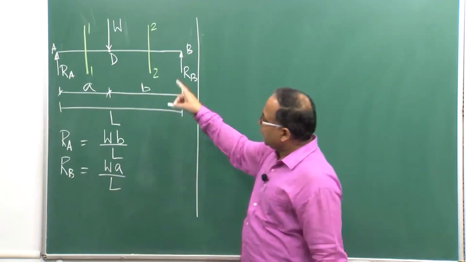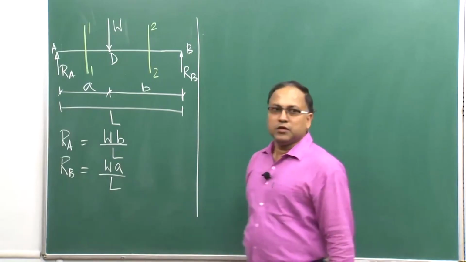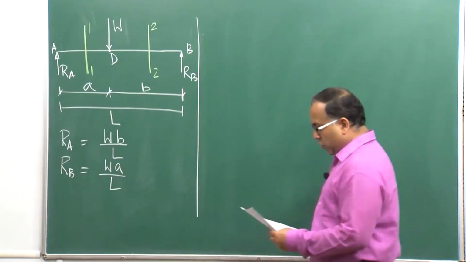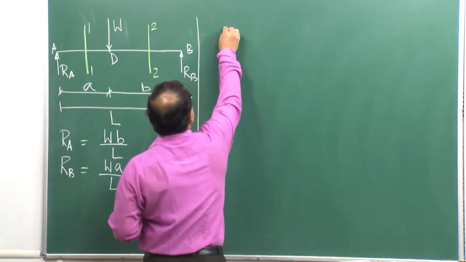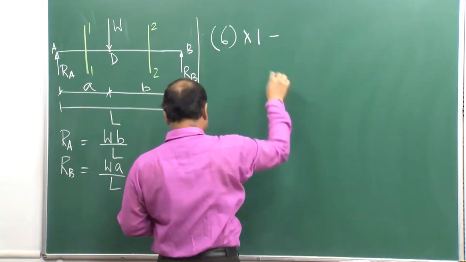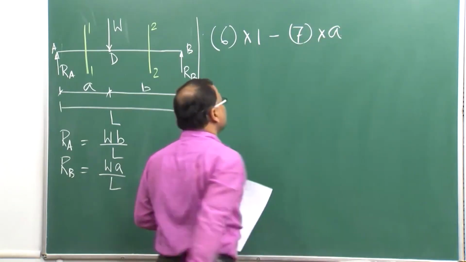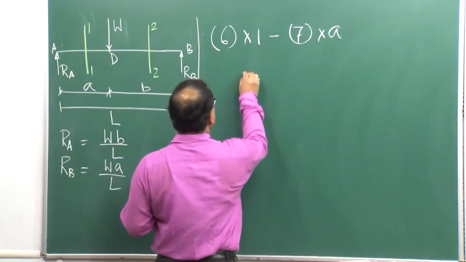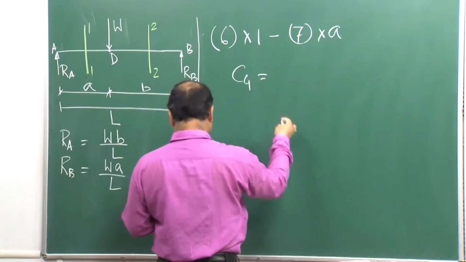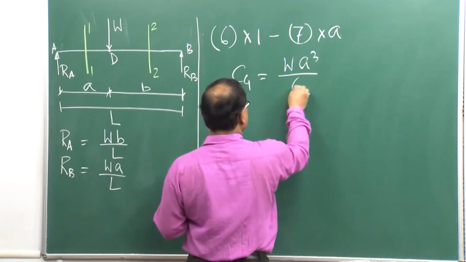So, our objective is to find out the deflection at point D, the point where the concentrated force is acting. Now, from equation 6, if you do this operation, equation 6 into 1 minus equation 7 into A, then you will simply get C4 equal to W A cube by 6.